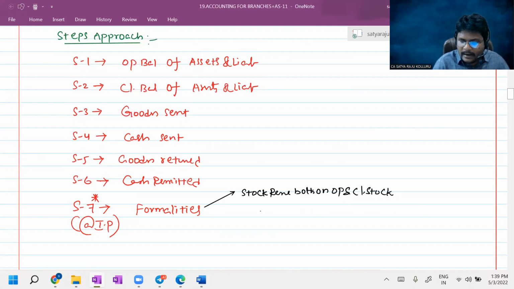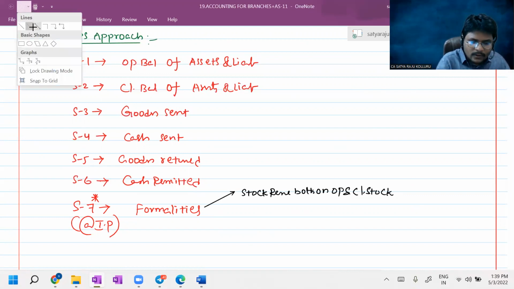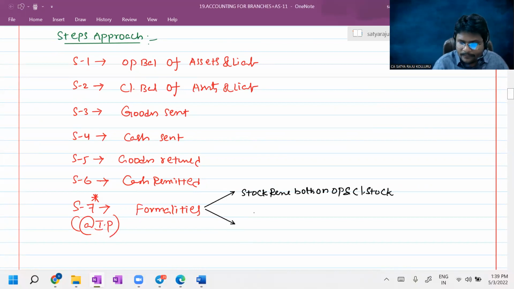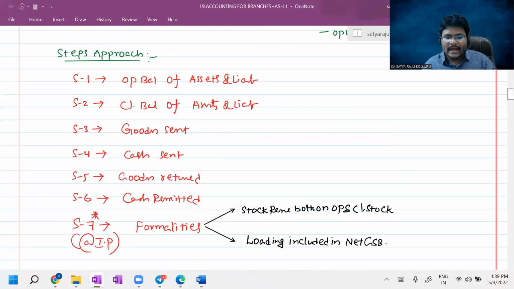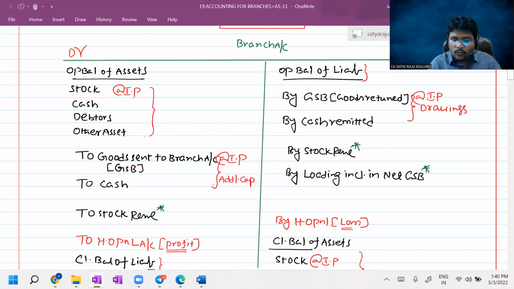And another one is loading included in net goods sent to branch, which is net GSB. What is the meaning of net goods sent to branch? Goods sent to branch minus goods returned by branch to head office is known as net goods sent to branch. Out of that net GSB, how much profit is included, you need to eliminate.